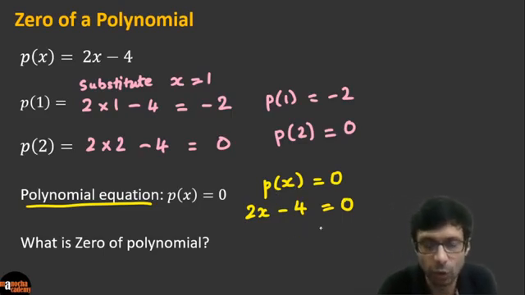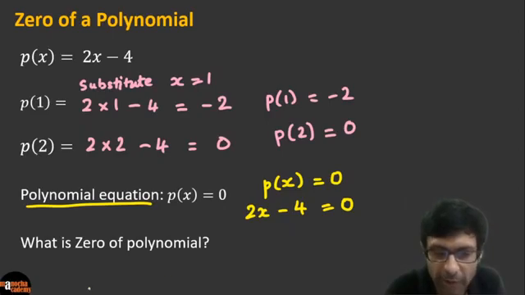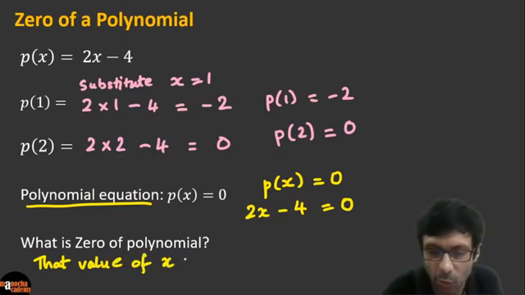Now, based on this equation, we can say what is the 0 of the polynomial? It is that value of x which makes the polynomial 0.